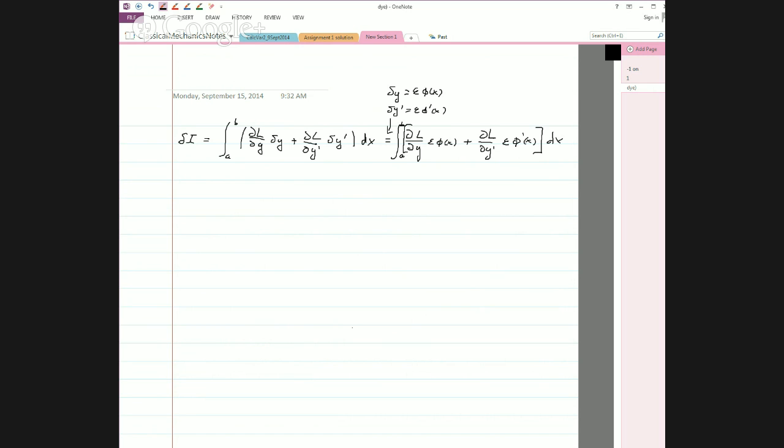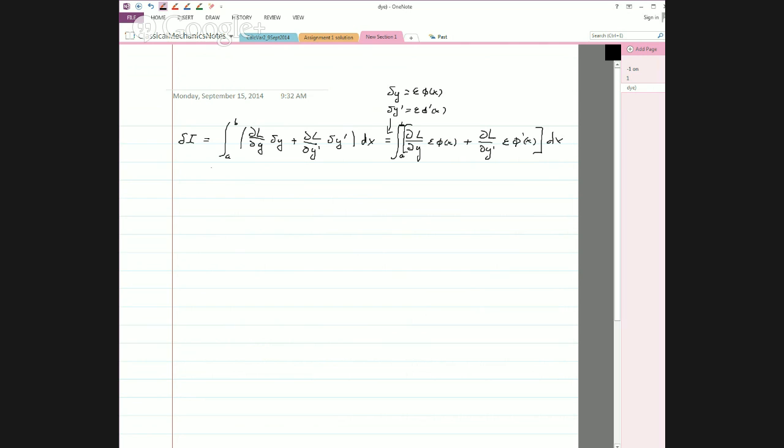And then let's ask ourselves again what we're trying to do here. We're trying to find a value where I is stationary. So as you make epsilon smaller and smaller and you vary the function y about its value that causes I to be a minimum, you want the integral to stop changing.